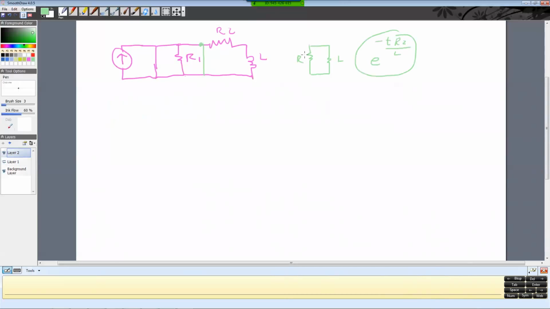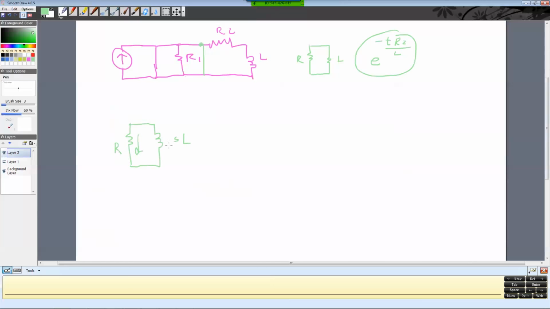Then you could just either remember this like we talked about, or at that point, you can even use kind of a modified Laplace method, where we use impedance. We have R, the impedance of an inductor is sL, right?